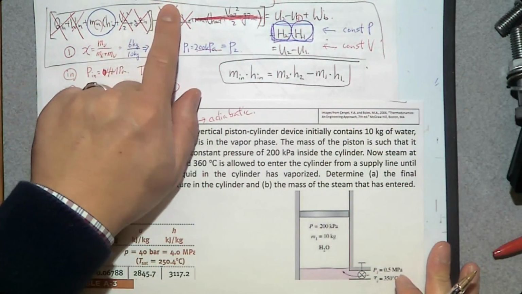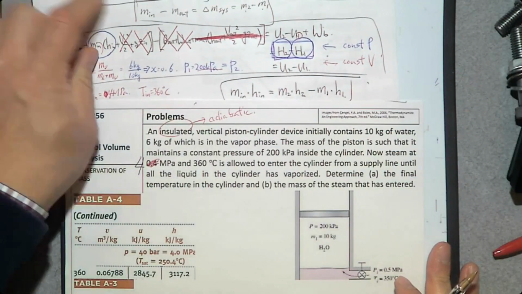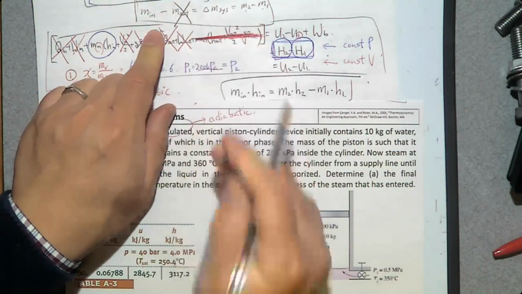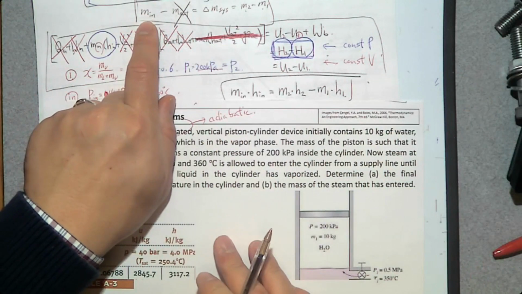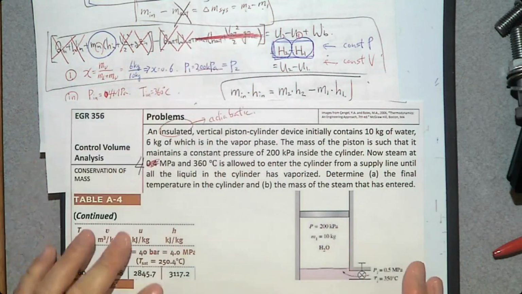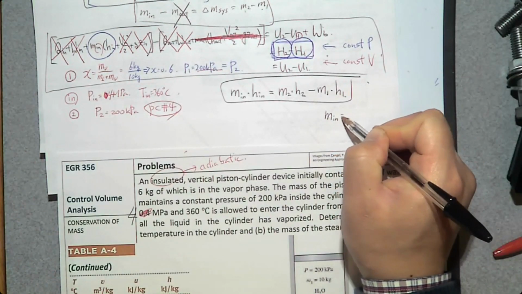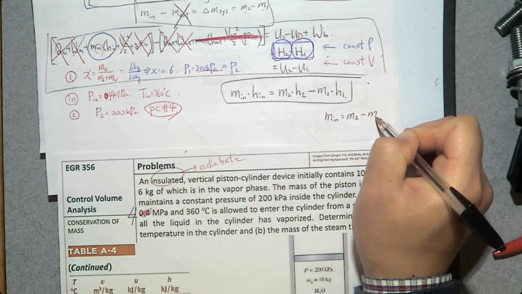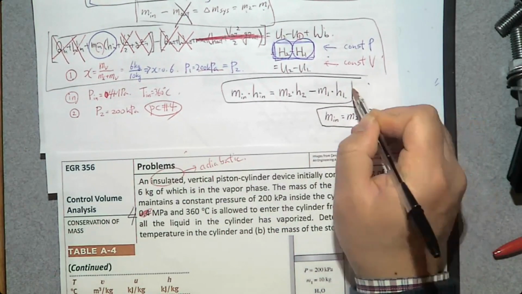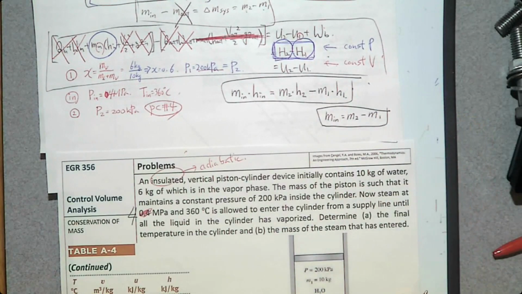What about the mass balance equation? There is no M out, so M in is M2 minus M1. That is the mass balance, and this is the energy balance.